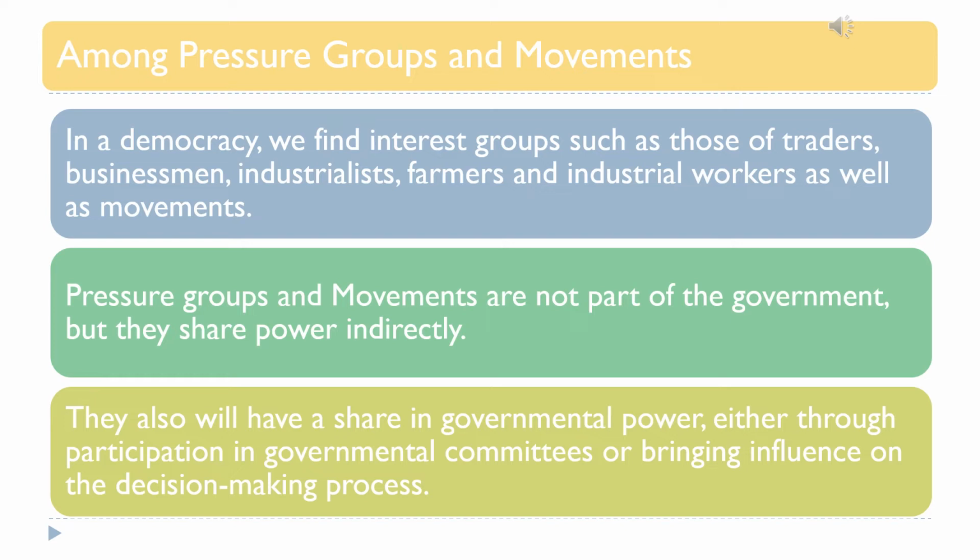So two things you need to keep in mind, that they pressurize the government and they influence the decision making process. Two keywords. Industrial workers, trade unions would go on strike, and thus they would pressurize the government to increase the wages. The farmers can go on strike and the government would take decisions in their favor.